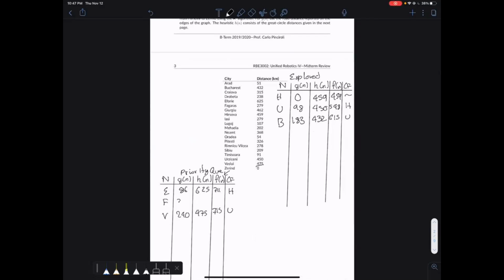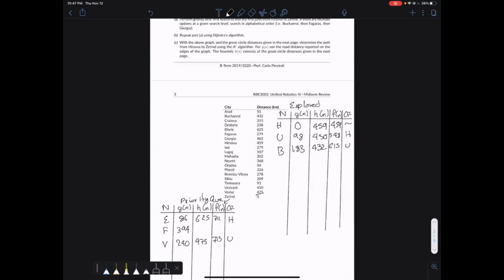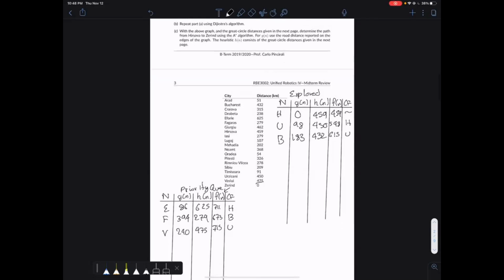That is 384, or 394, sorry. Our H of n for node F is going to be 279. And that gives us an F of n of 394 plus 279 equals 673. And our came from is going to be equal to B, because that's the node we got it from.